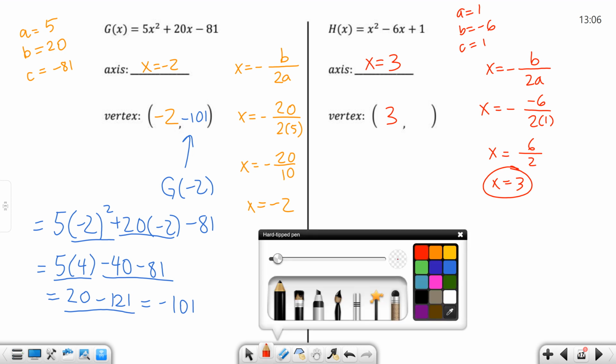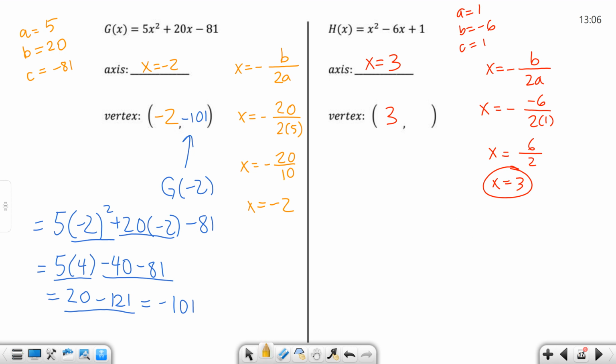How do I find the rest of this? Well, this is going to be what? Nope, it's not f. My function here is capital H, right? Capital H of 3. So this is going to be 3 squared, which here, by the way, because I'm squaring a positive number and there's nothing in front of the x squared, I don't have to put the 3 in parentheses.